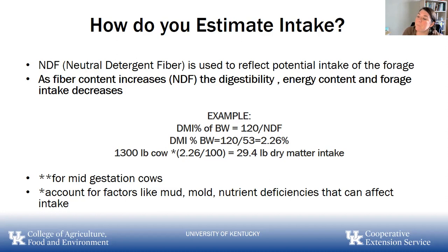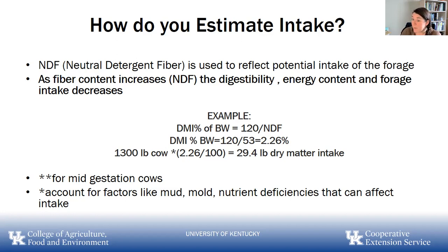Okay. So then we're going to take 1,300. As you know, our cows are not getting smaller, so we're going to look at around a 1,300 pound cow. Okay. And we're going to multiply that by 2.26 divided by 100, or that percentage. And that's going to equal about 29.4 pounds of dry matter intake a day. Okay. So that's on dry matter.